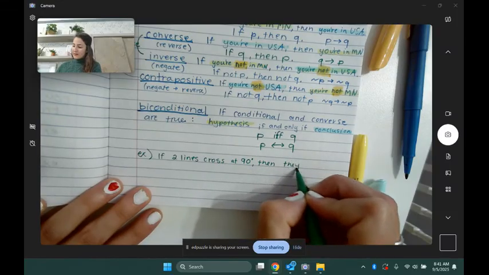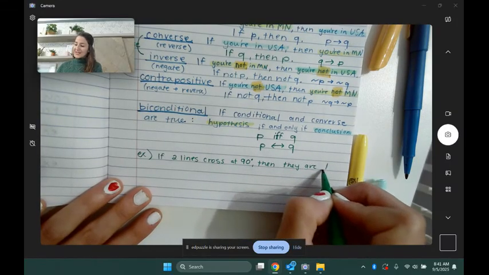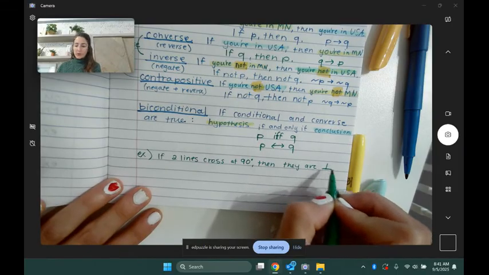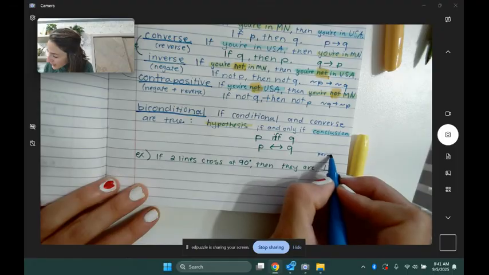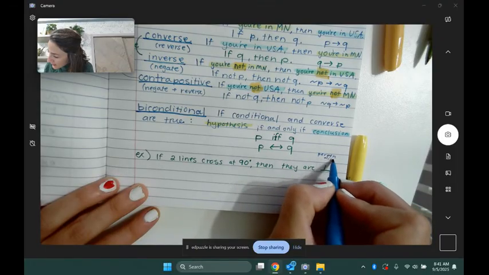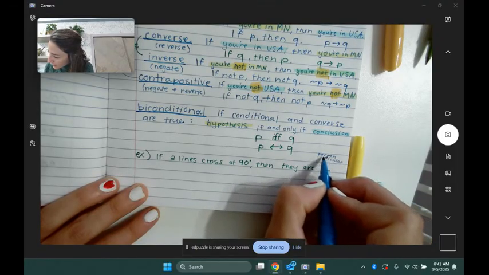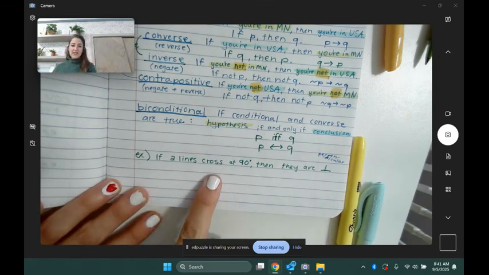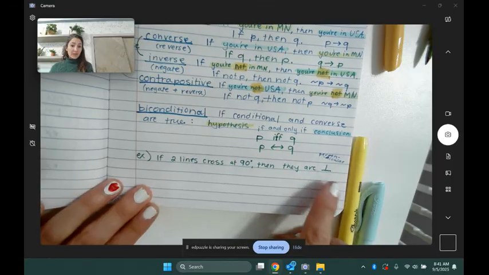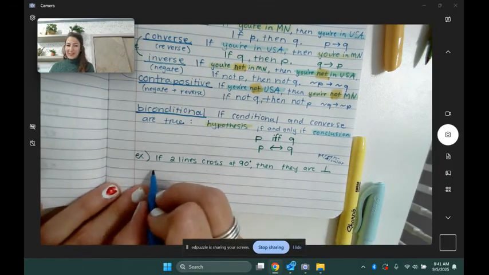then they are perpendicular. I'm going to use this symbol for perpendicular. If the two lines cross at 90 degrees, then they are perpendicular. That's true. Let's check if the converse is true.